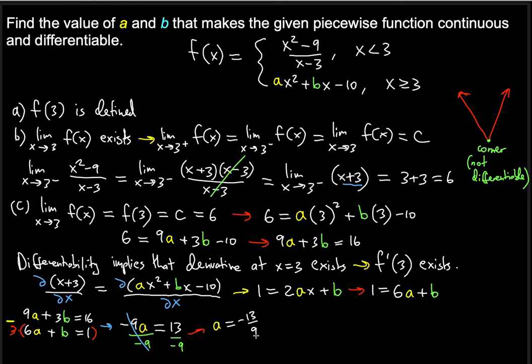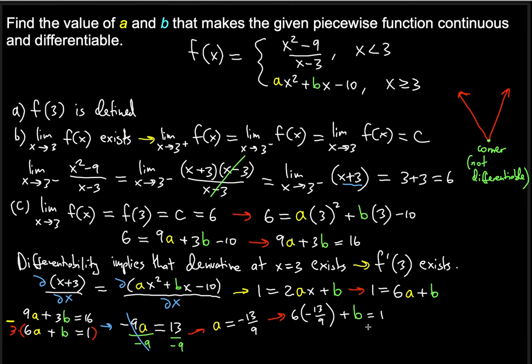Now to find the b value, that will be easy, right? I would just use this equation to find the b, whereas this one is harder. So I'm going to use 6a plus b is equal to 1. We know the a, so let's find the b. So 6 times negative 13 over 9, I'm making that substitution for a, plus b is equal to 1.